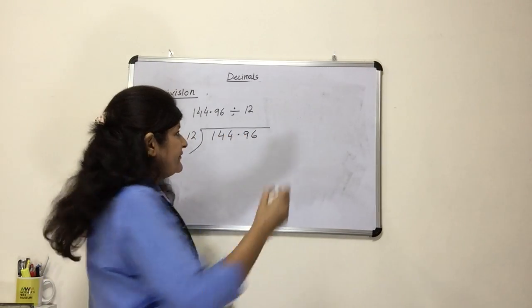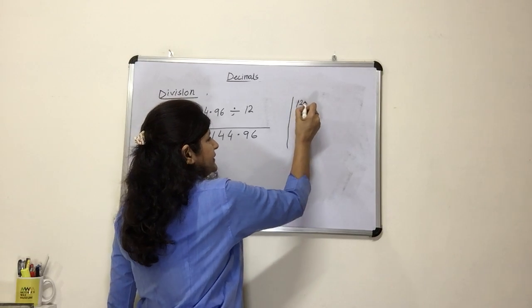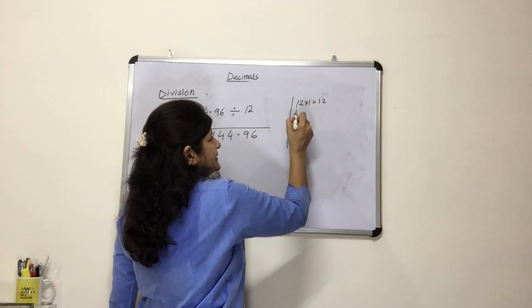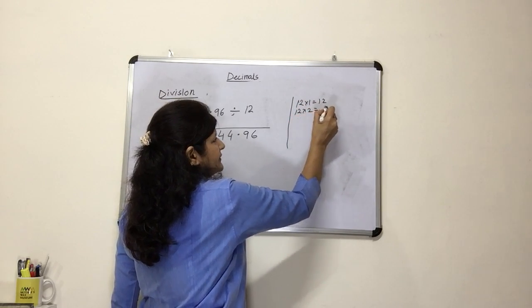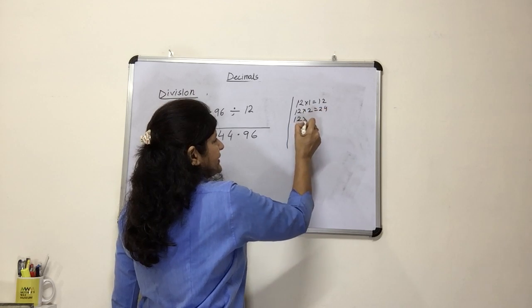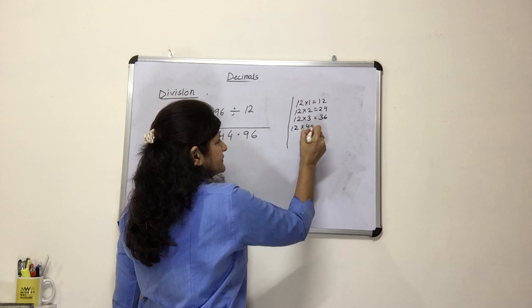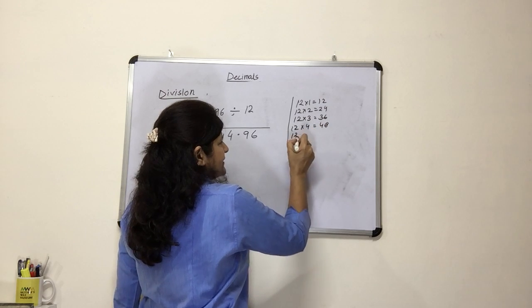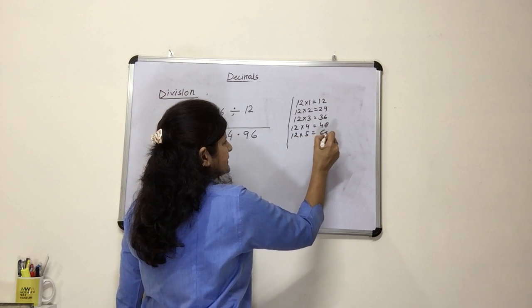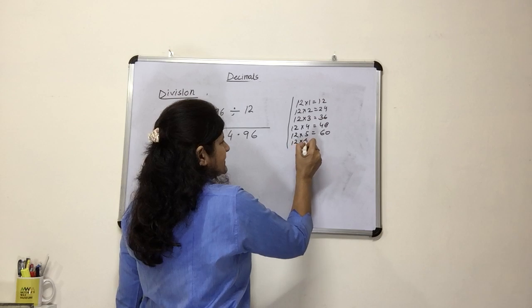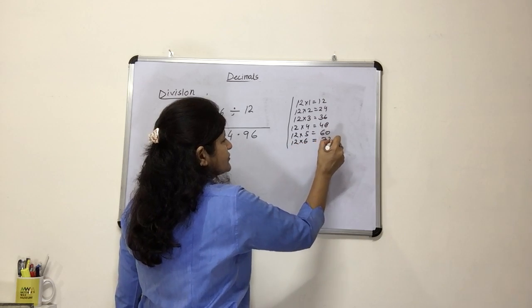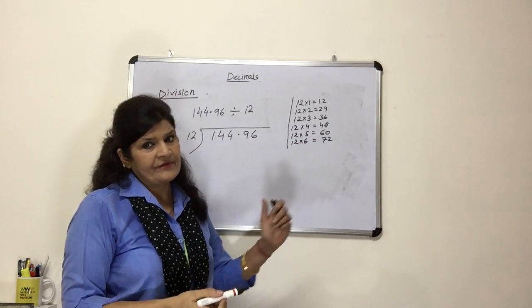Again the same, we will write the table of 12 here. 12 ones are, 12 twos are, 12 threes are, 12 fours are, 12 fives are, 12 sixes are. So till 6 I have written. If required, we will write more.